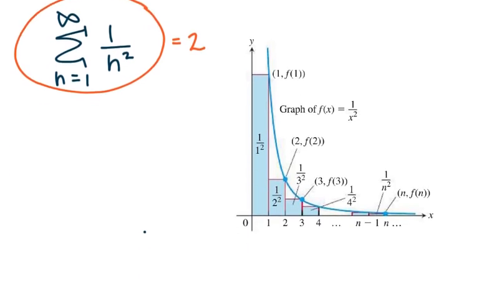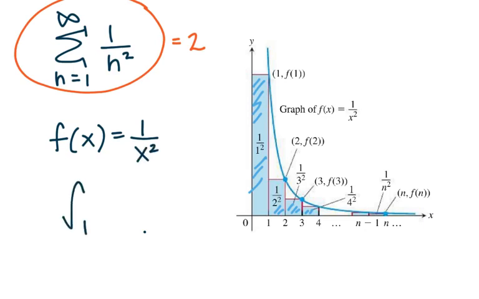and we consider each of those terms to be represented by one of these blue shaded regions. Well, remember, we took that and we treated it like f of x equals 1 over x squared. And we said that the integral from 1 to infinity of that function converged to 2.